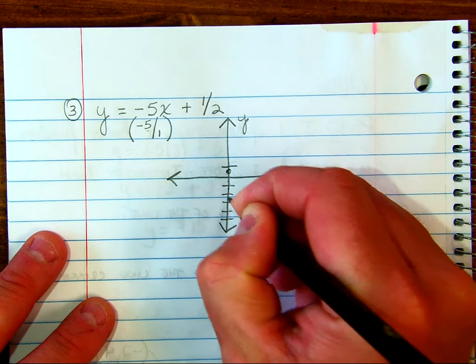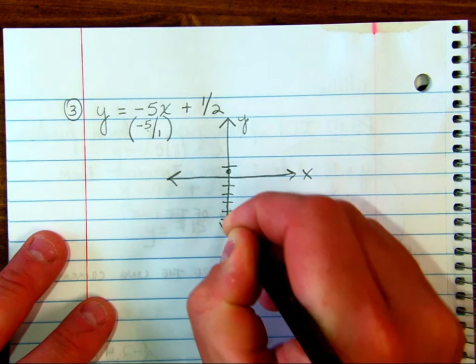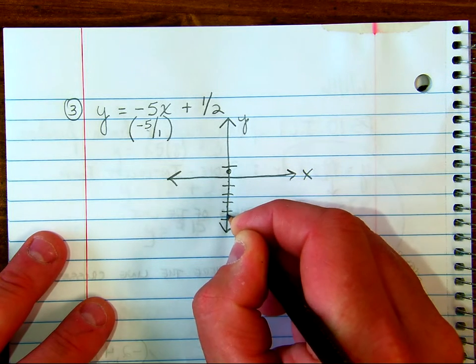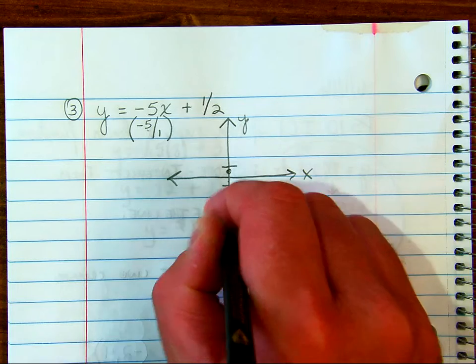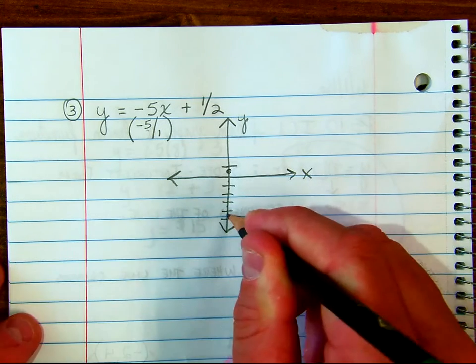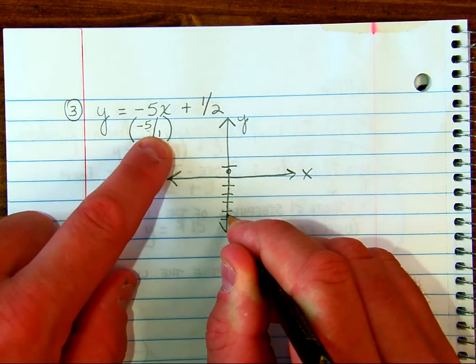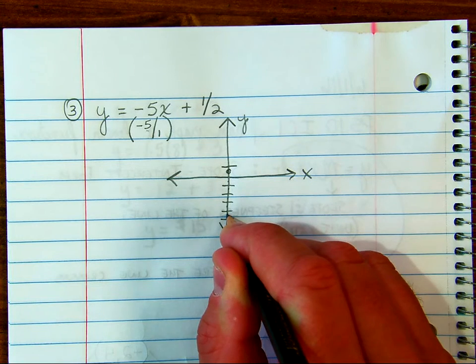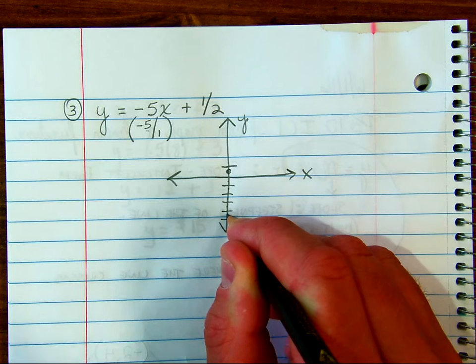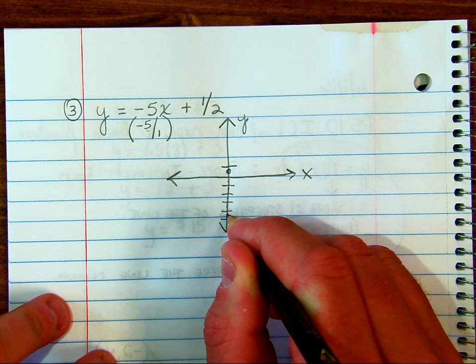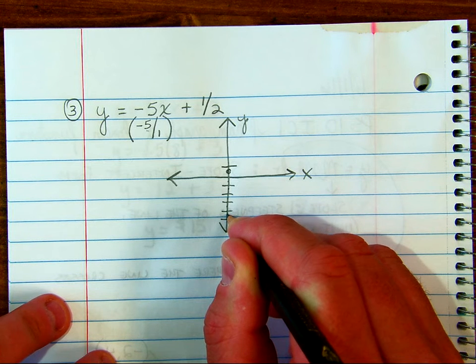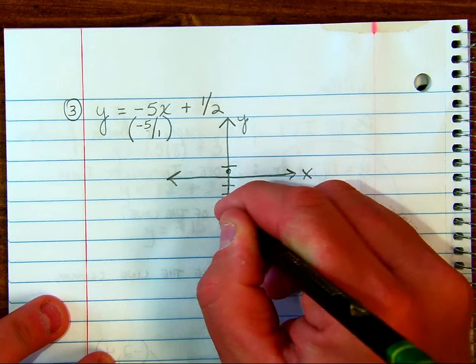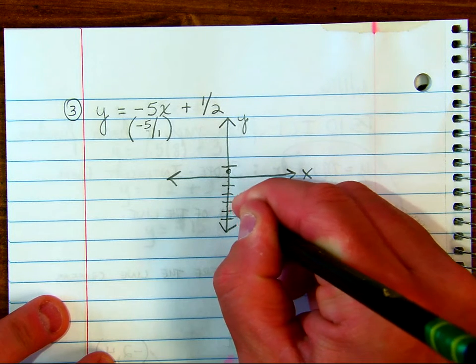So you should be in between -4 and -5 right now. Our horizontal change is 1. Christina, are we going to go to the left or to the right? Right. We're going to go to the right because it's a positive. Connect the dots.